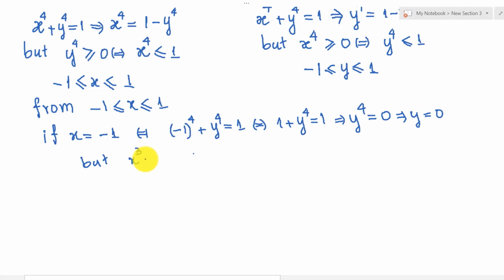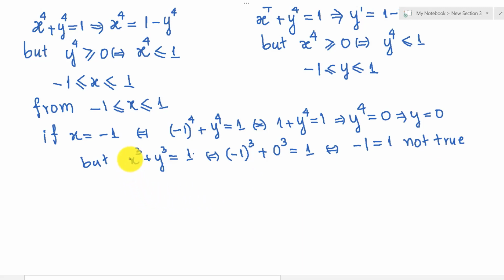But x^3 + y^3 is equal to 1, so if we replace x by -1 and y by 0, we get (-1)^3 + 0^3 = 1, so -1 is equal to 1. So it's not true.